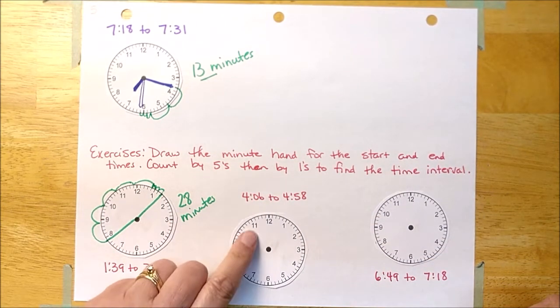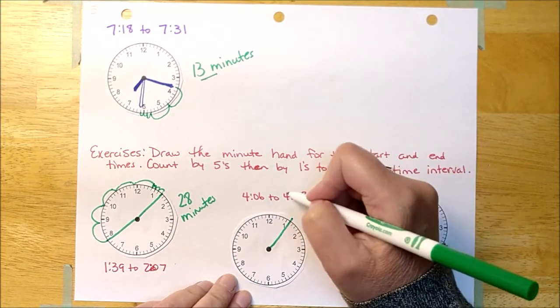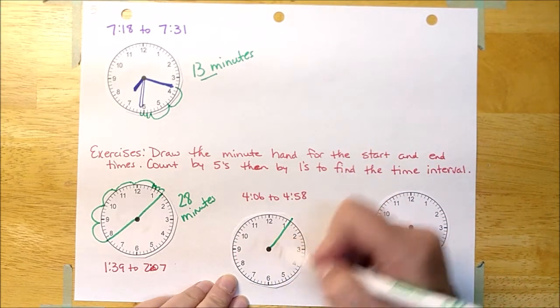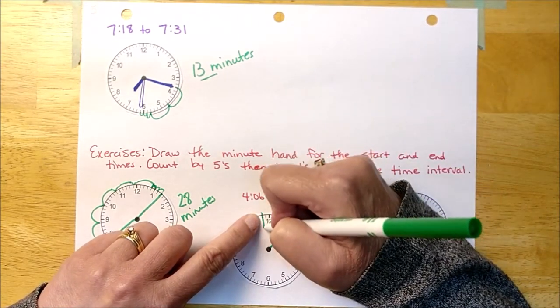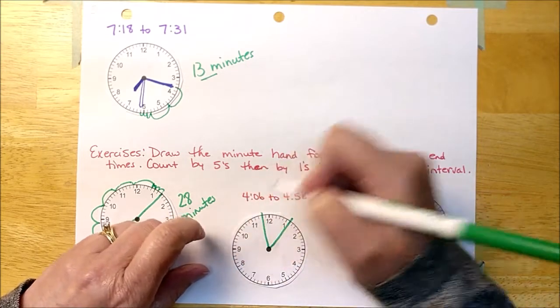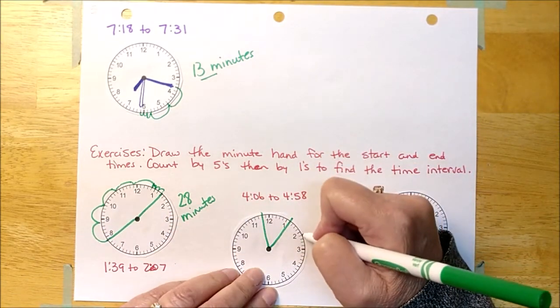Good for you. 4:06 is this one right here. And we have to go all the way to 4:58. 55, 56, 57, 58. So we have to go all the way around to find how many minutes the interval is. So we're one past the number.